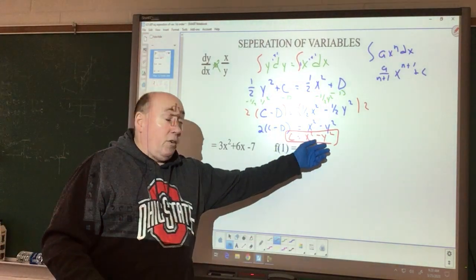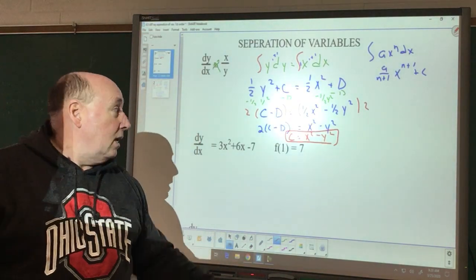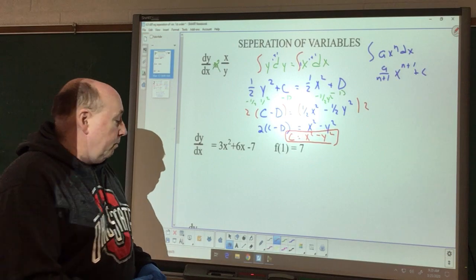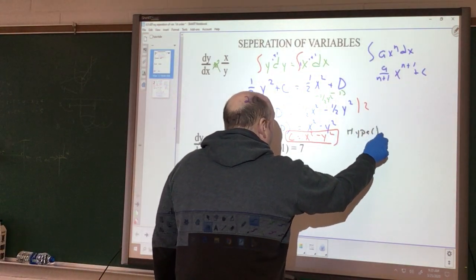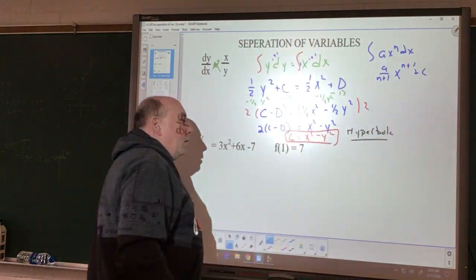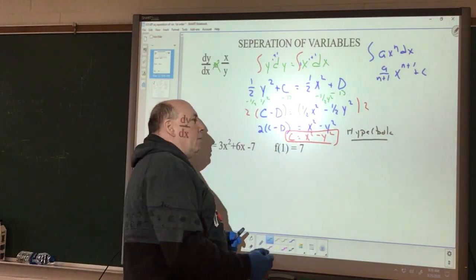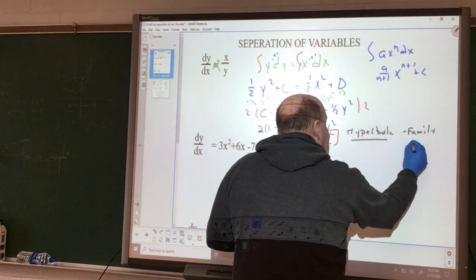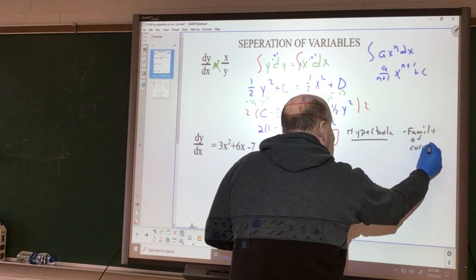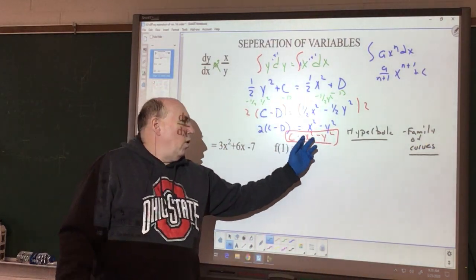What this is, if you remember back to your fond memories of conic sections back in pre-calc class, is a hyperbola. This is a hyperbola. And what this gives me is a family of curves.